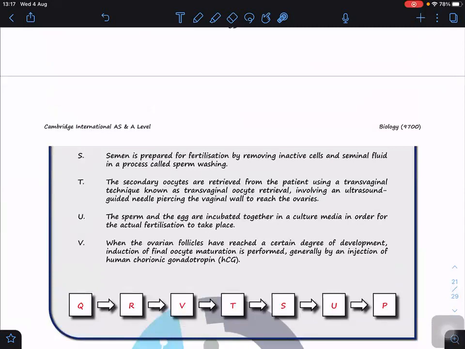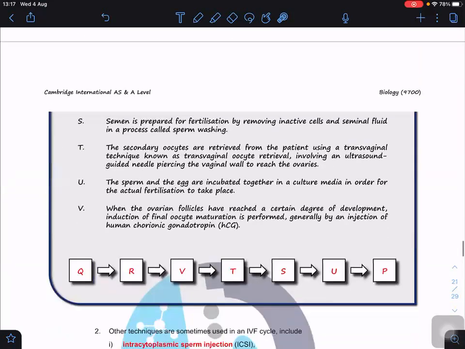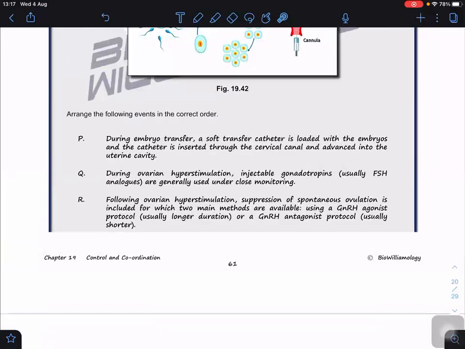So first of all, during the ovarian hyperstimulation, injectable gonadotrophin, usually FSH analogs, are generally used under close monitoring. So first, we inject FSH. Second, following ovarian hyperstimulation, suppression of spontaneous ovulation is included, for which 2 main methods are available.